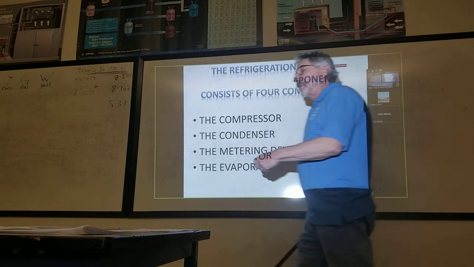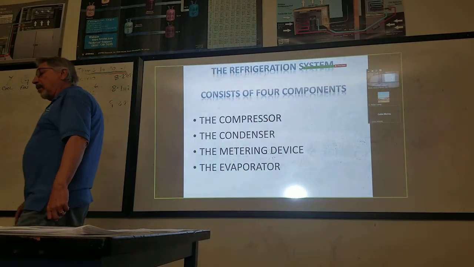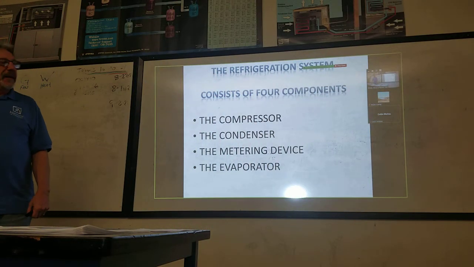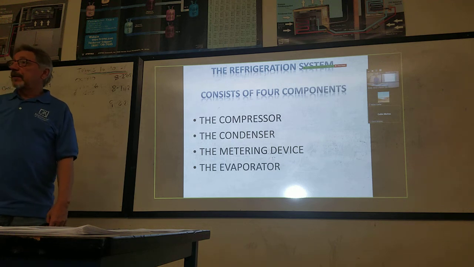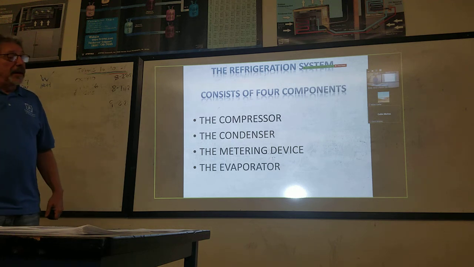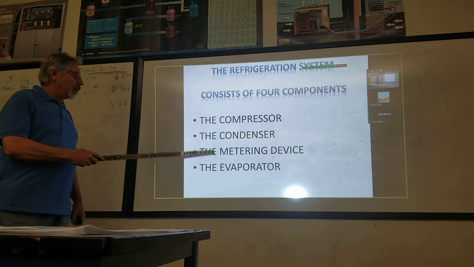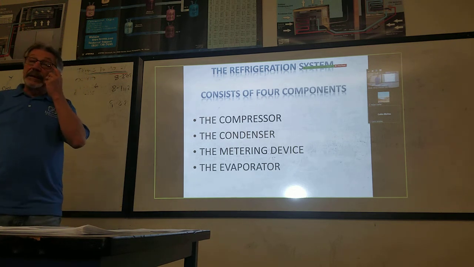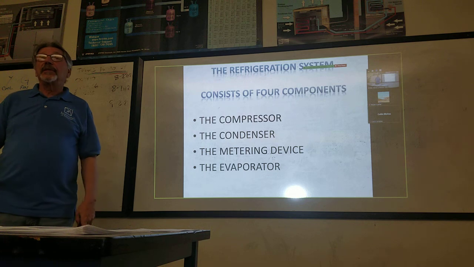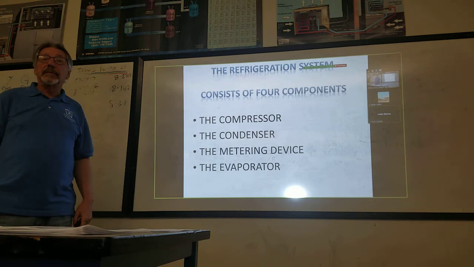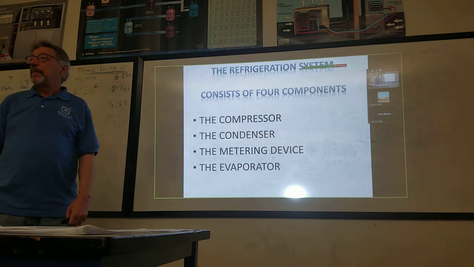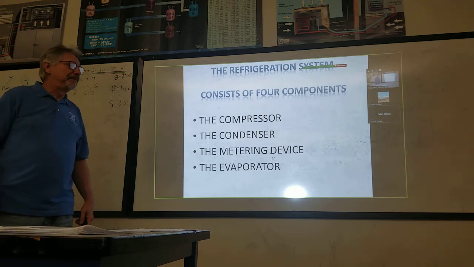Those 4 components have not changed in 120 years. They've used the same components to make a refrigeration cycle work. You still need these 4 components to make a refrigeration system or air conditioning system, right? Did you know that?